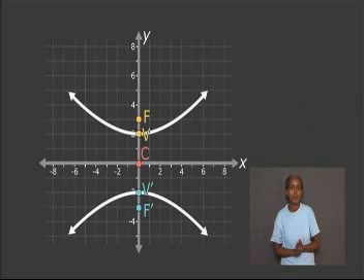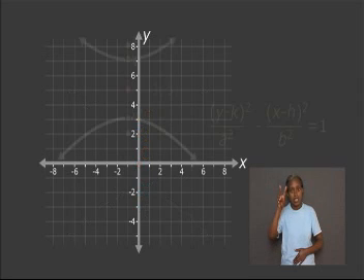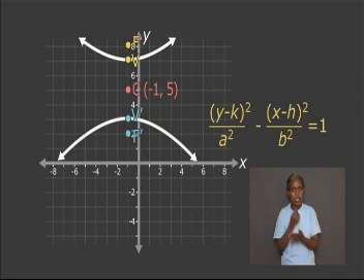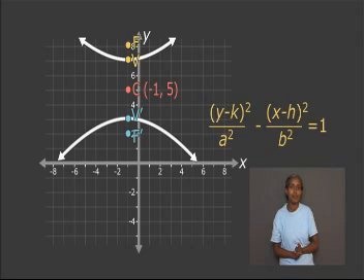As you might expect, students, the equation of a hyperbola with a center at h, k and a vertical axis takes this form. The positions of x and y are reversed.